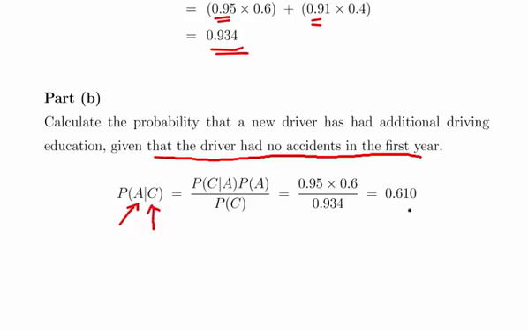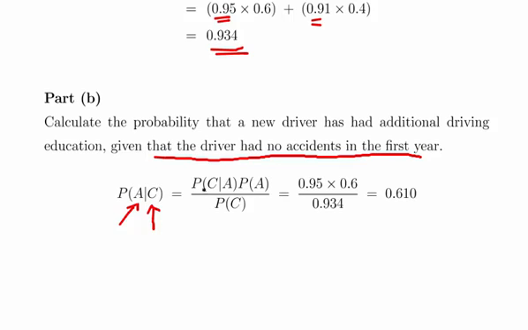So essentially this is Bayes' theorem. It's a rearrangement of the conditional probability. So the probability of A given C is the probability of C and A over the probability of C. Earlier on, using that conditional probability, I skipped a step there.